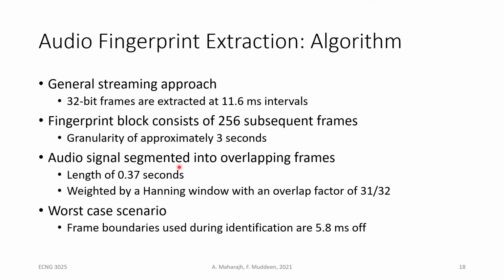So the audio signal here is going to be segmented into overlap frames with a length of 0.37 seconds, and we're going to be weighting each of these frames using a Hann window, with an overlap factor of 31 divided by 32. And in the worst case scenario where we will encounter some sort of aliasing, the frame boundaries used during identification are going to be 5.8 milliseconds off. So timing is a little bit of an important issue here in creating our frames itself.